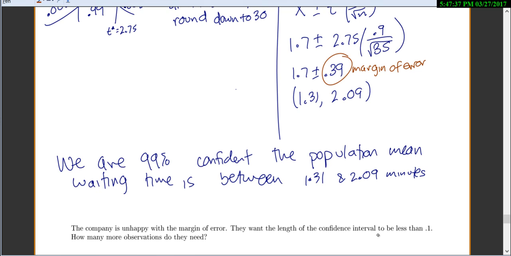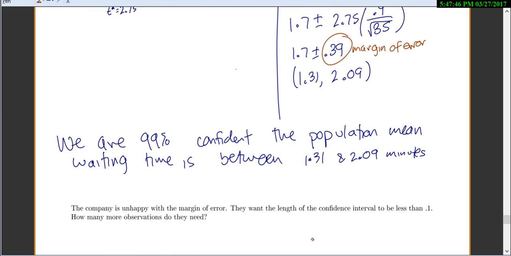They want the length of the confidence interval to be less than 0.1. So how many more observations do they need to achieve this? One of the first things we notice is they said they want the length to be less than 0.1. Our formula is for the margin of error, so we better change this length to the margin of error.